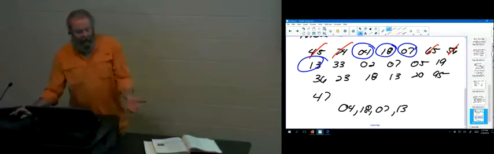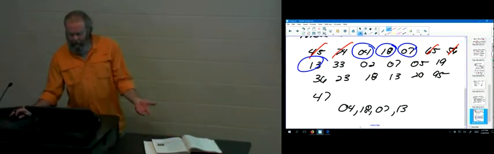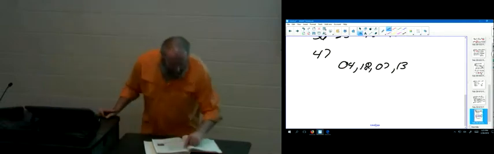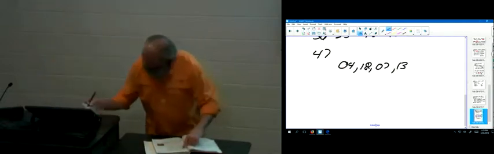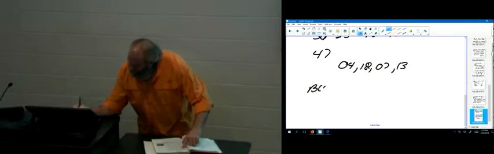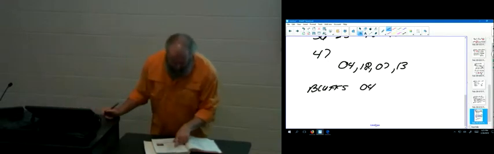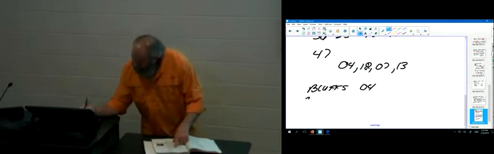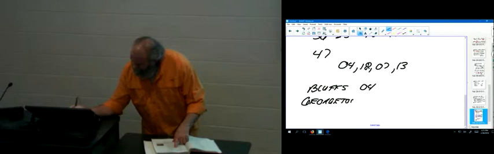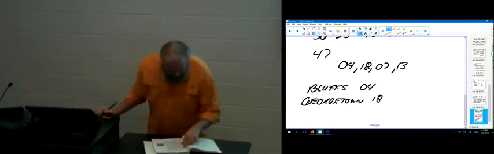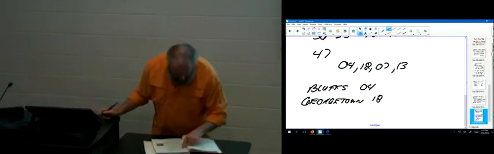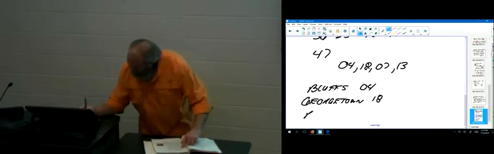So then we go back to how we labeled them down the columns, and 04 is 1, 2, 3, 4. That is the Bluffs. That's 04. 18 is at the bottom of the second column, and that is Georgetown. That's 18. 07, Brownstone.